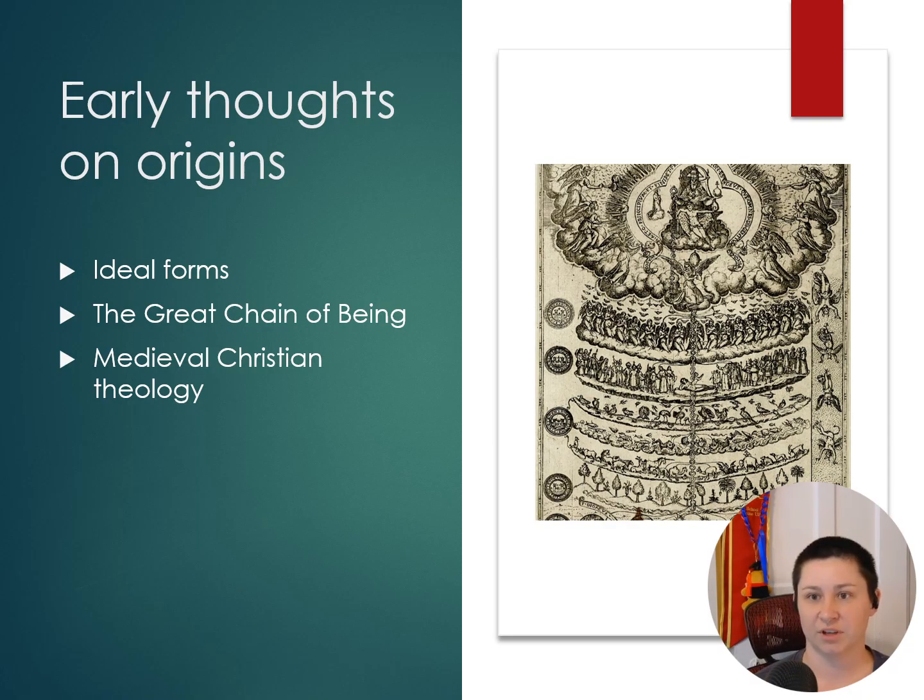Then this concept of ideal forms led to the development of thought called the Great Chain of Being, pictured here. You go from the simplest forms of life on the bottom of the Great Chain of Being up to the most complex, and humans are at the top of that, only superseded by a divine being or supernatural entities. So the simplest forms of life, like bacteria, or, well, I guess they didn't know about bacteria, but like an ant or an earthworm, would be on the bottom.